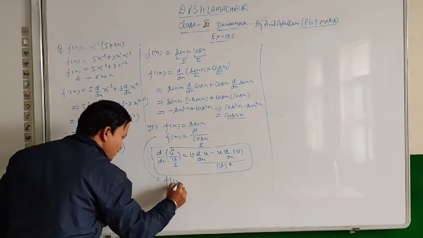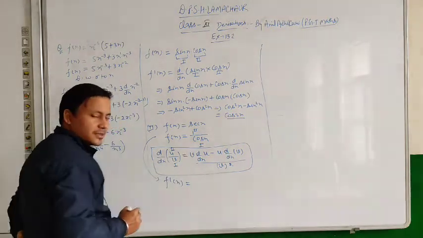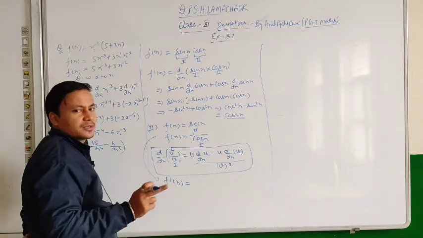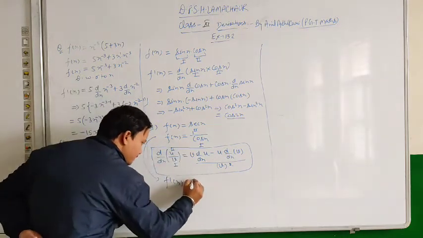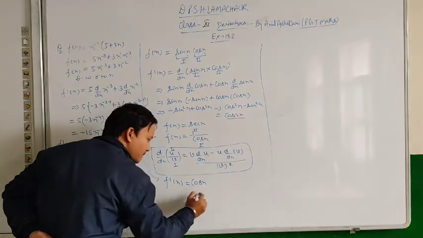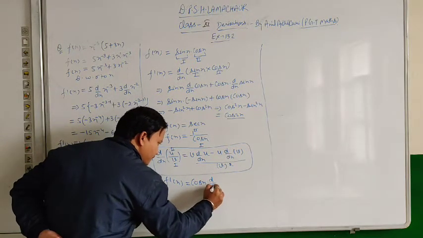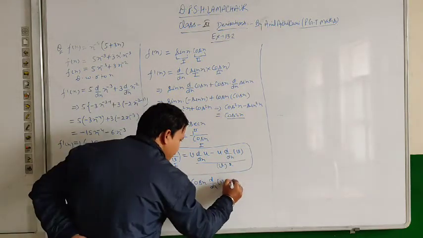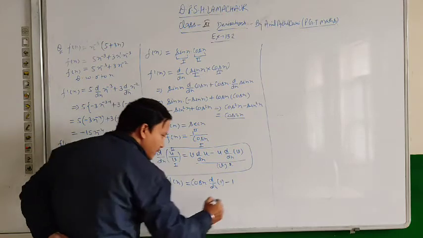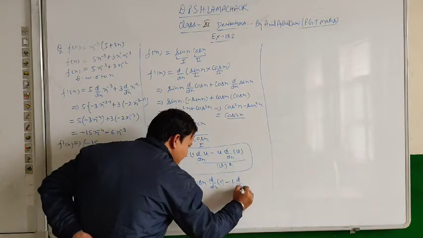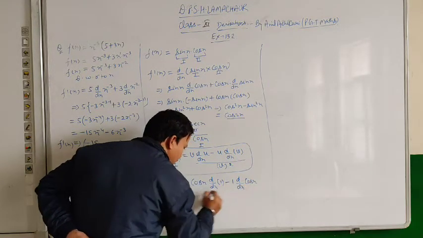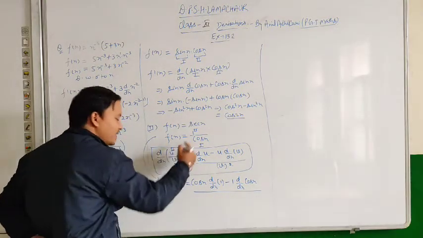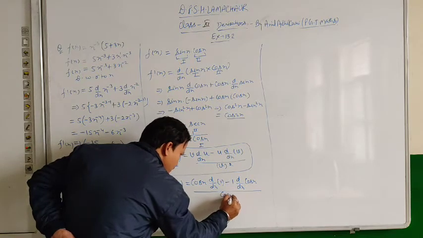So f dash x is equal to, now since cos x is in the denominator, it must be first, and 1 is the numerator, so it must be second. So first function, that is cos x, into differentiation of second which is 1, minus second function which is 1, into differentiation of first which is cos x, divided by whatever function is given in the denominator, its whole square, that is cos x whole square.